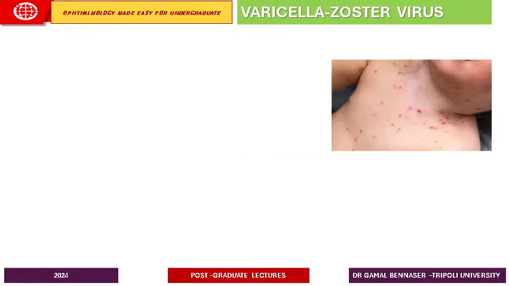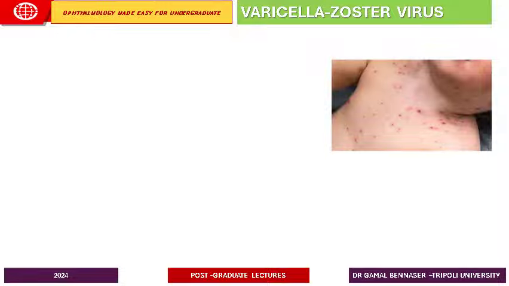Now we come to an important variety of viral keratitis, the one which is caused by varicella zoster virus. It is the same as herpes simplex in that it belongs to the category of herpes viruses, which are DNA viruses, and it has a common feature that it has a primary infection where there is a first exposure to the virus, and the virus then becomes dormant in the dorsal root ganglia, and then reactivation takes place.